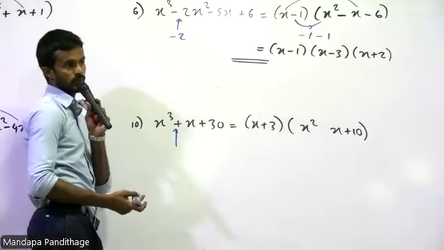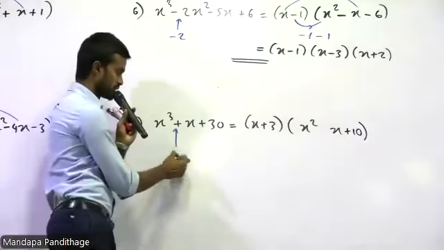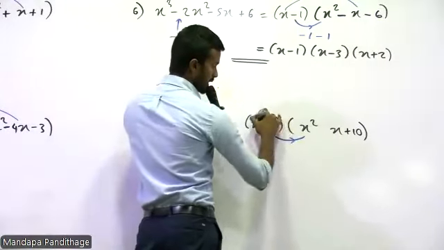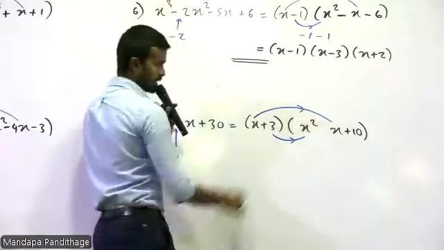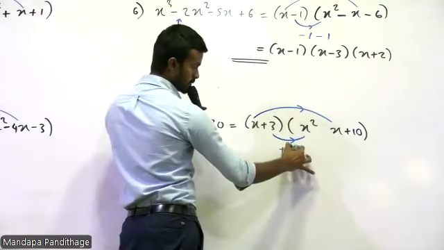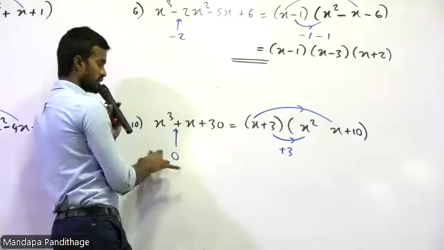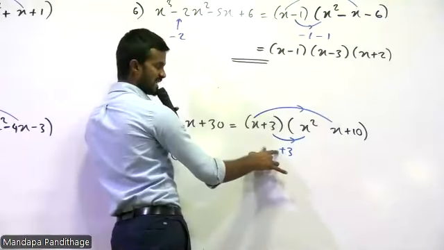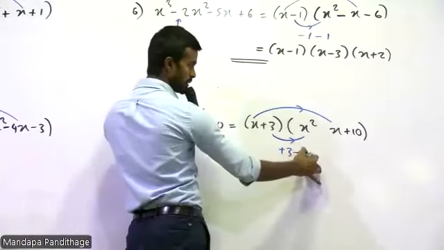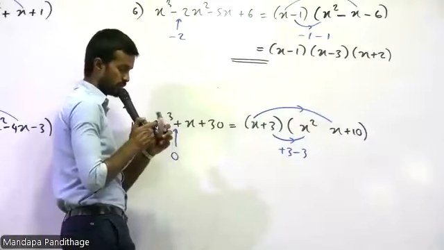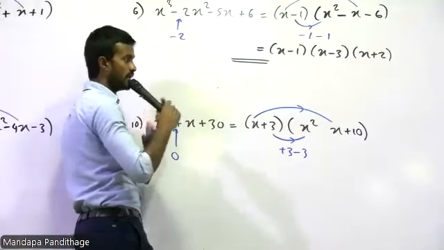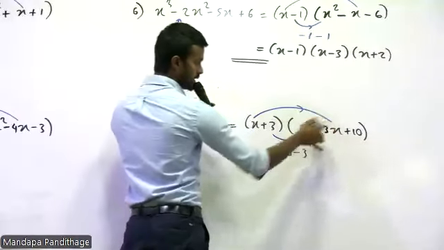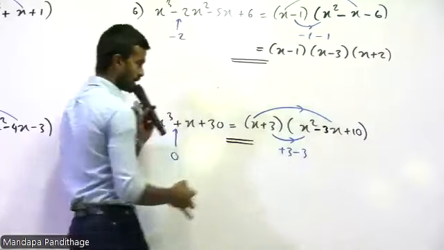It's 0. Clear? So you are getting x squared in two places, this one and this one. And here it's plus 3, so you want a 0 coefficient. If you already got plus 3, you have to cancel it. The other one should be minus 3. Clear? And then to get minus 3, it should be x into minus 3. So this is one way that you can take it.